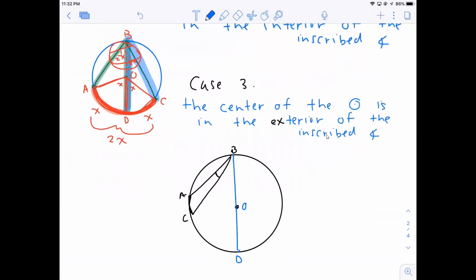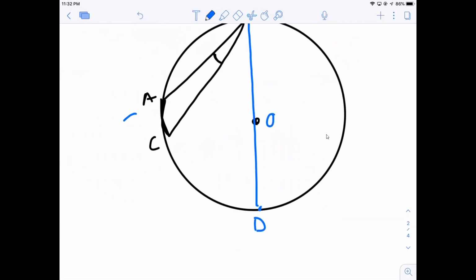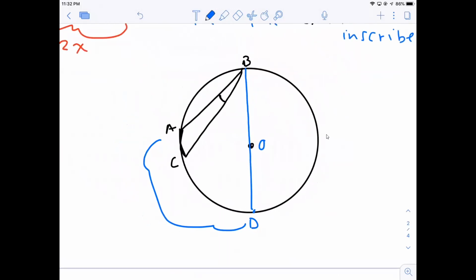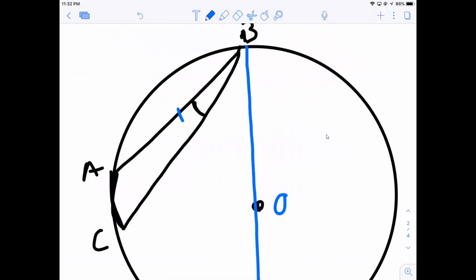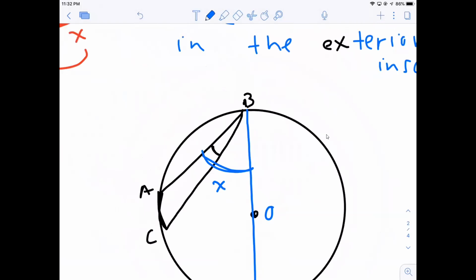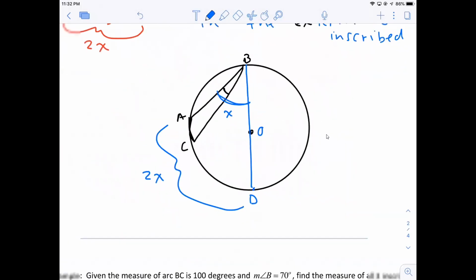Well, again, from the first case, we can give this some value. Let's call this entire thing x. This here is going to be 2x.